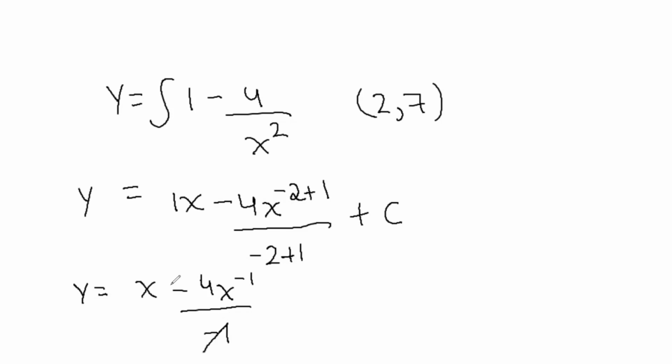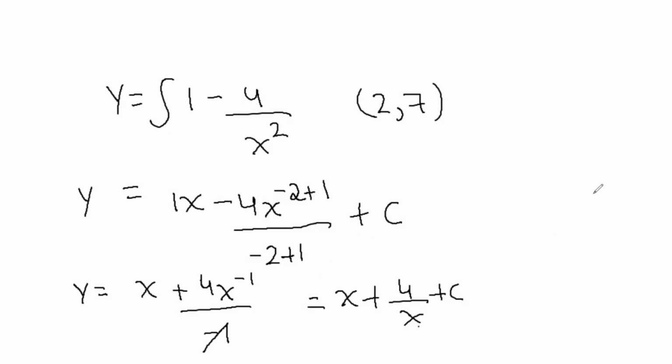This minus and this minus become plus. So you get x plus 4 by x plus c. So this is the value.